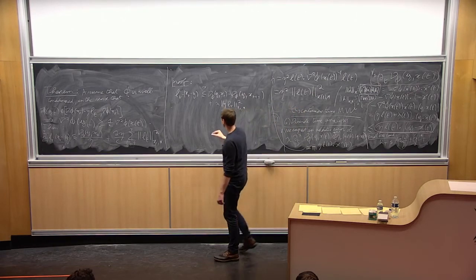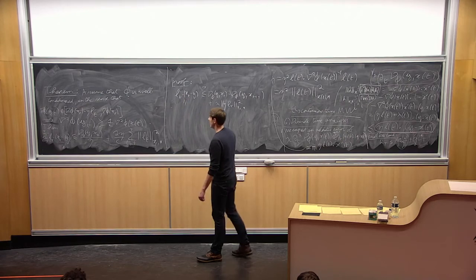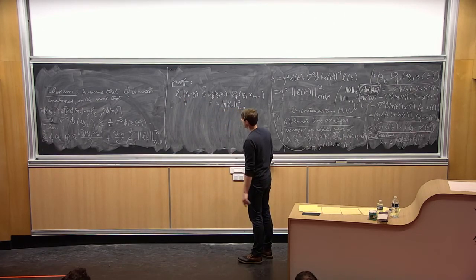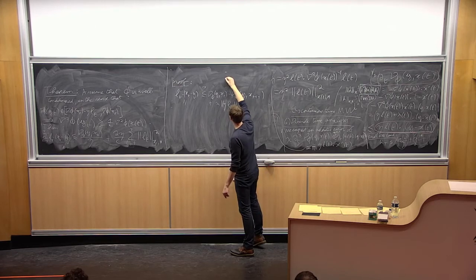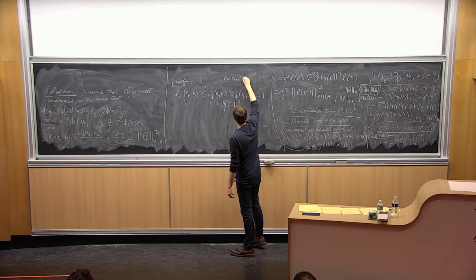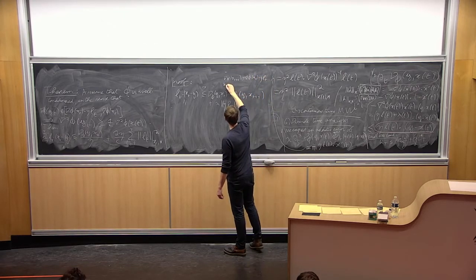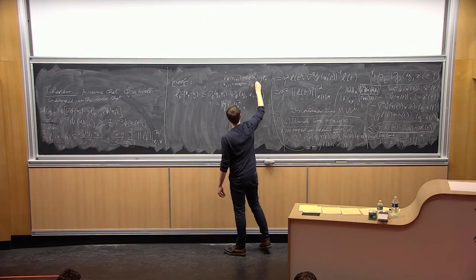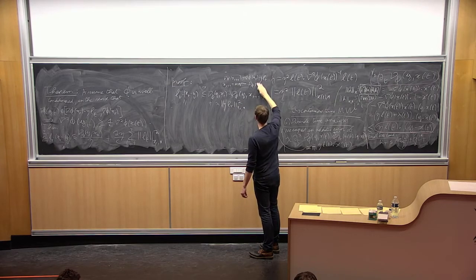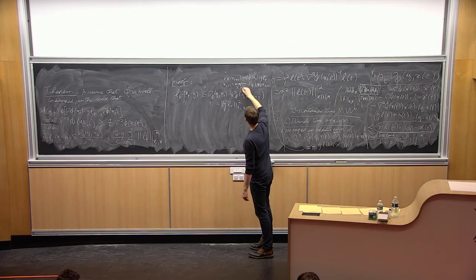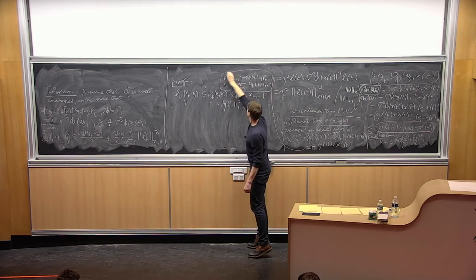So let's see what we can get. So what is Lt? Now we are in the discrete time setting. We know that grad phi of zt plus 1 is equal to grad phi of xt minus eta Lt. And then xt plus 1 is just the projection, the argmin of d phi of x, zt plus 1 over x in K. Okay, this is the algorithm that we're looking at.